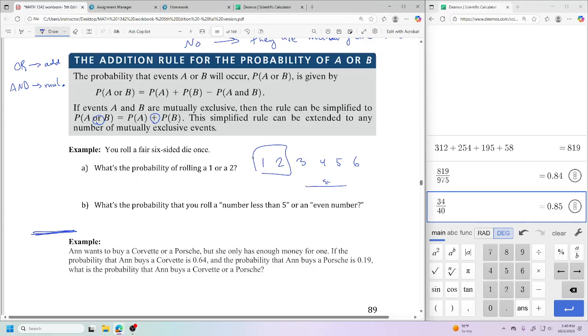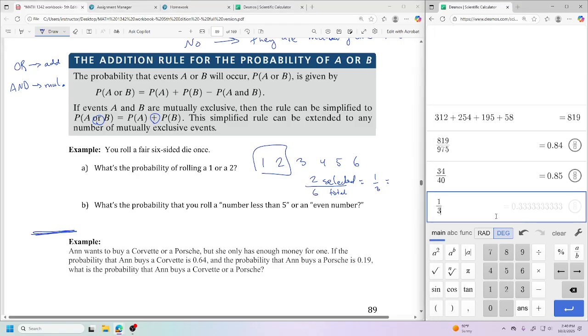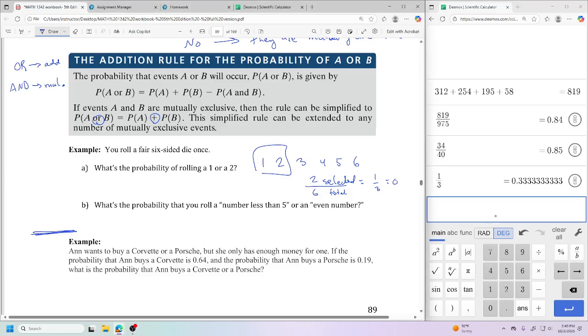So how many selected do I have? 2 out of a total of? Yeah, 2 out of 6. That's okay. You're okay. So I'm just selecting them, saying, hey, those are my entities. And there you go, 2 of them out of 6.